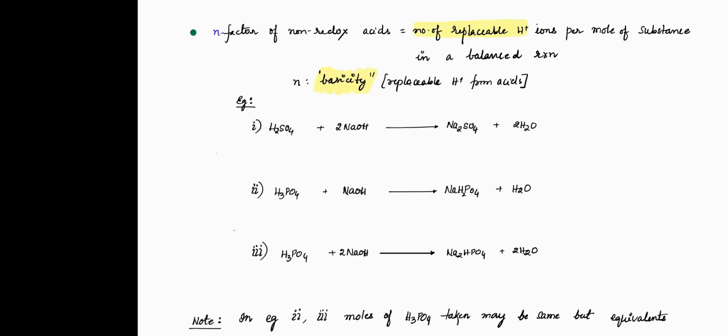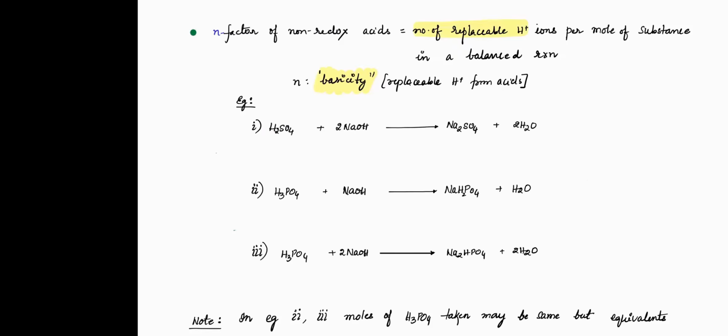For example, in this reaction, H2SO4 plus 2 NaOH, 1 mole of H2SO4 has lost both the hydrogens. When it is losing both the hydrogens, then the valency factor of H2SO4 is 2. Clear? I guess this part is clear to everyone.